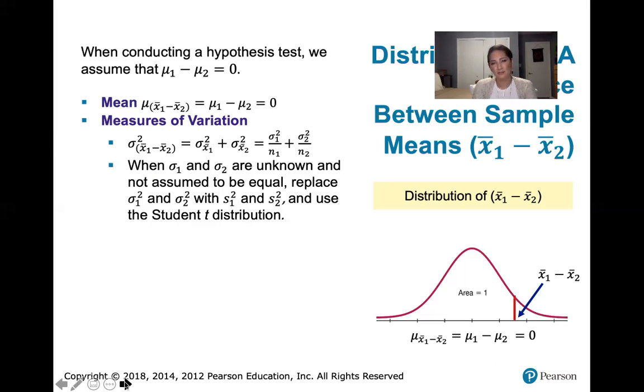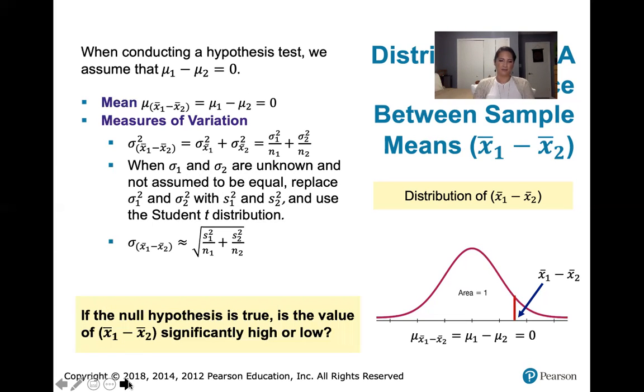And then rather than using the standard normal distribution, we're going to use the student t distribution. And then again, we're going to take the square root of both sides. So we're replacing sigma sub 1 and sigma sub 2 with s sub 1 and s sub 2. And we're saying that the estimated standard deviation of this difference between sample means is equal to this.